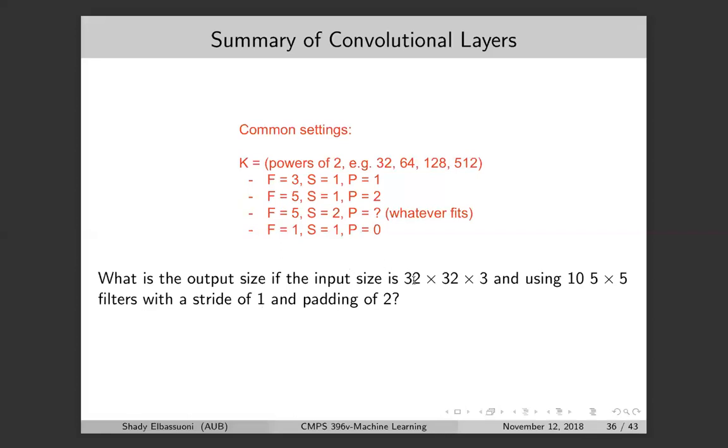So it's basically 32 plus 4 for the padding over 1, which is 36, minus 5 is 31, plus 1 is 32. So you get 32 by 32 by 10, as you said. Why 10? Because I'm using 10 filters. Okay? Yes. Perfect.